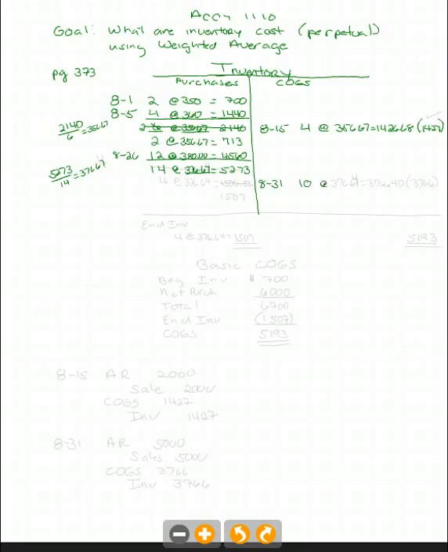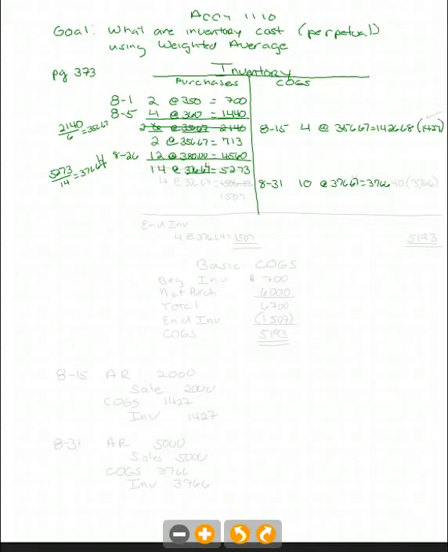So of the 14, we no longer have 14, we have 4. 14 minus 10 equals 4. And at $376.64, that gives us $1,506.56, and bless your author's heart, when he finishes that problem, he rounds that to $1,507. It's his book. He can do that if he wants.